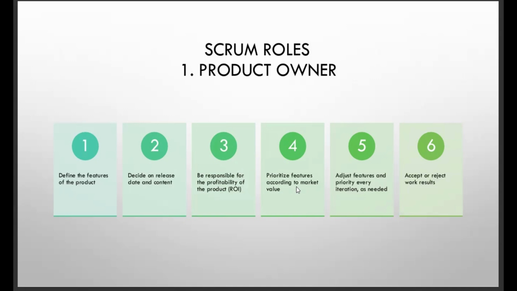Now, a product owner also adjusts features and priorities every iteration as needed. So every time the Scrum team goes over the iterative process of delivering a particular output or increment, the product owner is also able to come back and say, "Hi guys, these are the new market realities. This is what we are driving at during the course of the next sprint.